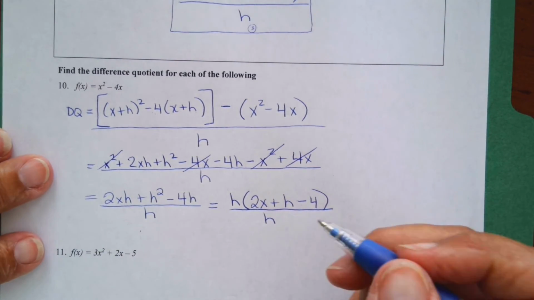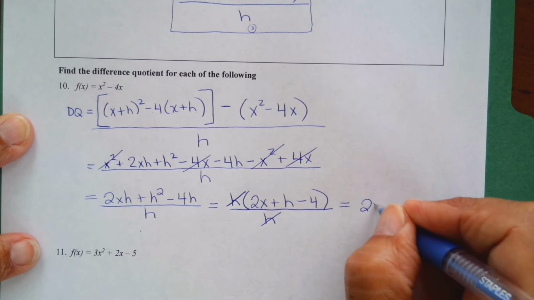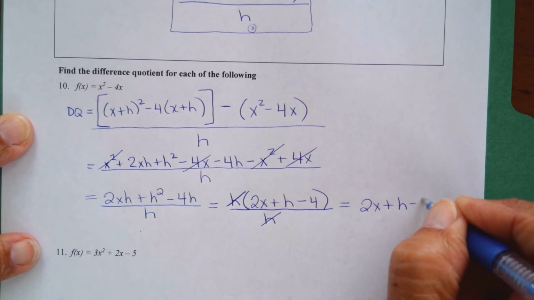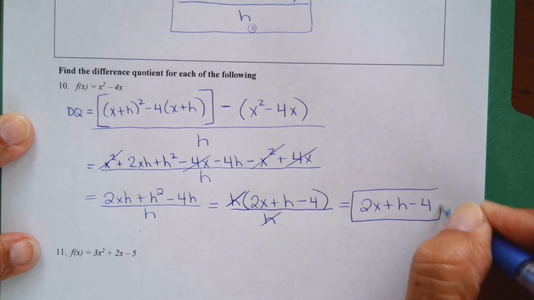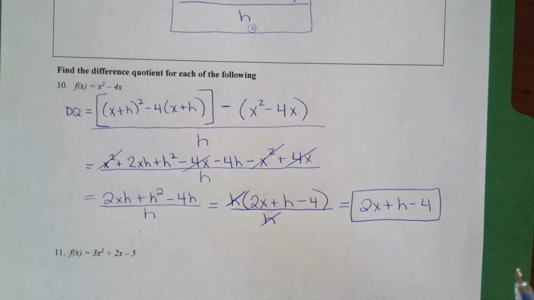Okay, and now if you do that, then you just cancel that h, and you end up with what's left, which is your answer. So that is the difference quotient for this problem. Okay, and your difference quotient usually always has x's and h's left in it. So it's just kind of a good way to remember it.